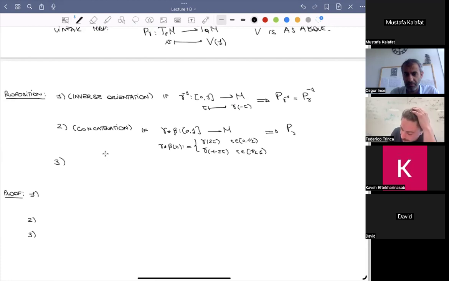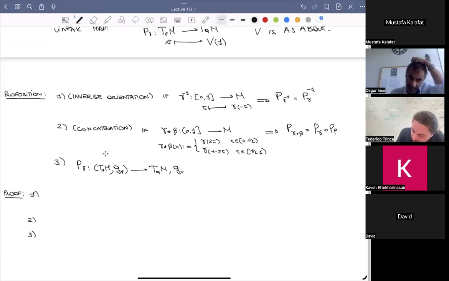Then the parallel transport map of this concatenation turns out to be the composition of P_gamma and P_beta. And finally, if I see P_gamma as a map from my tangent space with a metric into another tangent space with another metric, then this is an orientation preserving map.